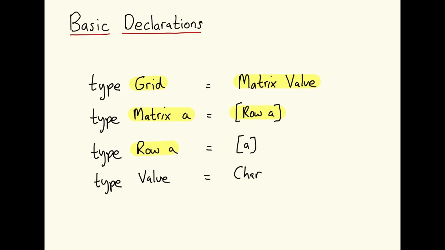A row of things is simply going to be a list of things, and a value is going to be a character. As we mentioned last day, essentially a Sudoku grid is basically a list of characters, but having some of these intermediate data types, in particular the parameterized type for matrices and the parameterized type for rows, is going to be useful to us today. So that's our basic data type declarations.